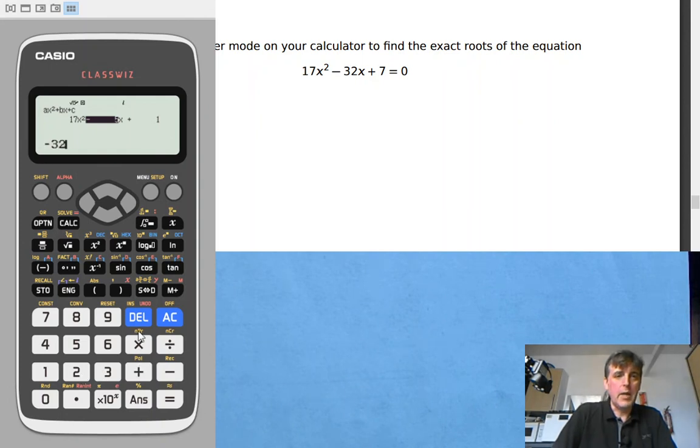And then, oh, hold on, what's going on? Okay, that's done what I wanted it to do. Fantastic. Okay, and the C was 7, so I need to just put a 7 in this position. Okay, and hit equals, and so we've got our answer here, 16 plus the square root of 137 over 17, or 16 minus the square root of 137 over 17. Hopefully you agreed with me.